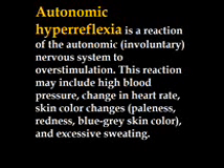Autonomic hyperreflexia is a reaction of the autonomic involuntary nervous system to overstimulation. This reaction may include high blood pressure, change in heart rate, skin color changes, paleness, redness, blue-gray skin color, and excessive sweating.